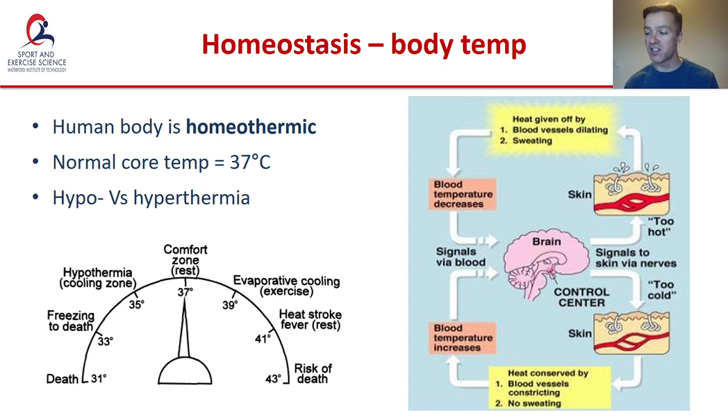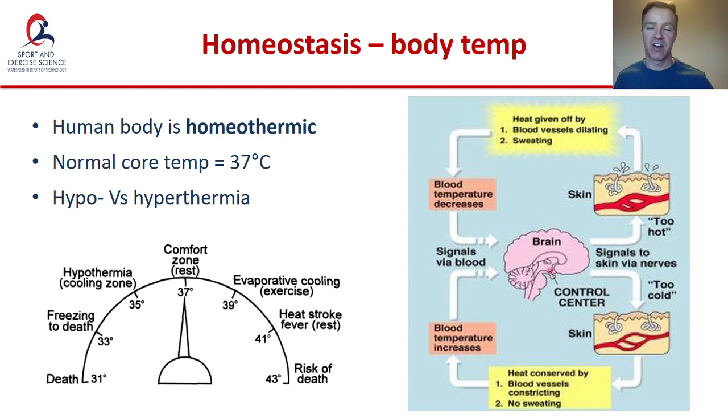So if we're too hot, if we are hyperthermic, if our body is getting too warm, we're going to start sweating. Our body will detect that we are too hot, and the hypothalamus will then stimulate the blood vessels to dilate, and it'll divert blood flow to the skin. So more of your blood flow around your body will be shunted towards the skin, towards the surface of the body. Your blood is warm.